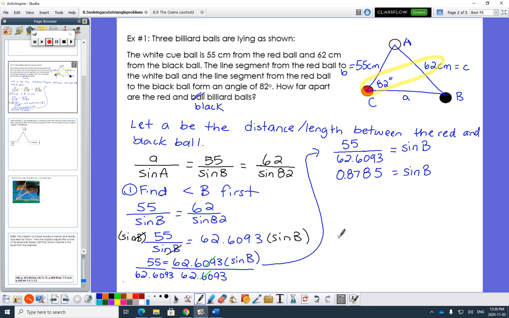How do I get rid of the sine? Yes. Good. Sine inverse or sine -1.